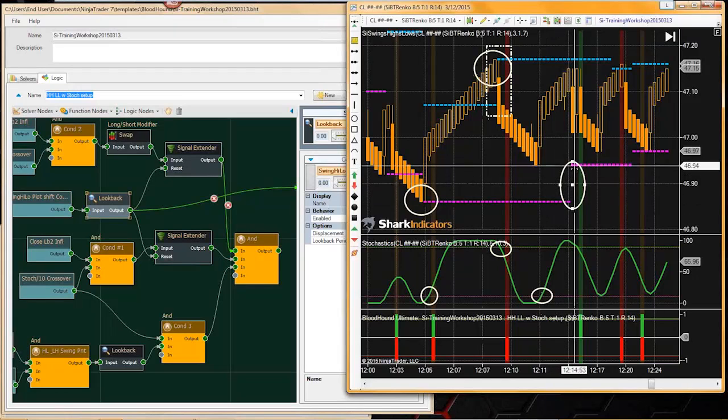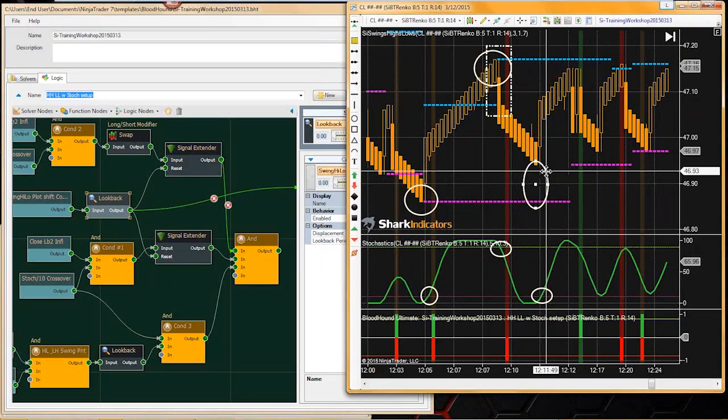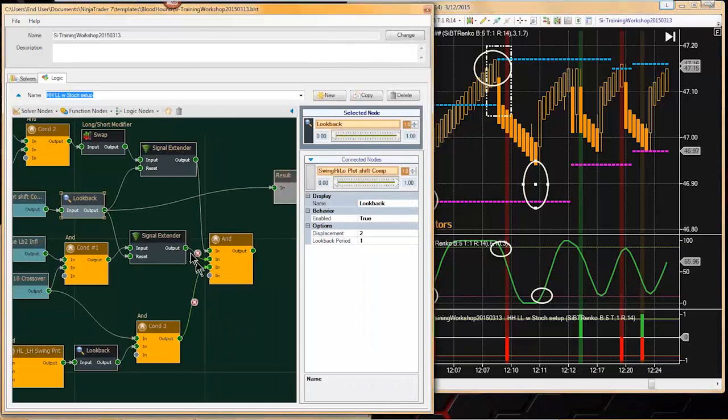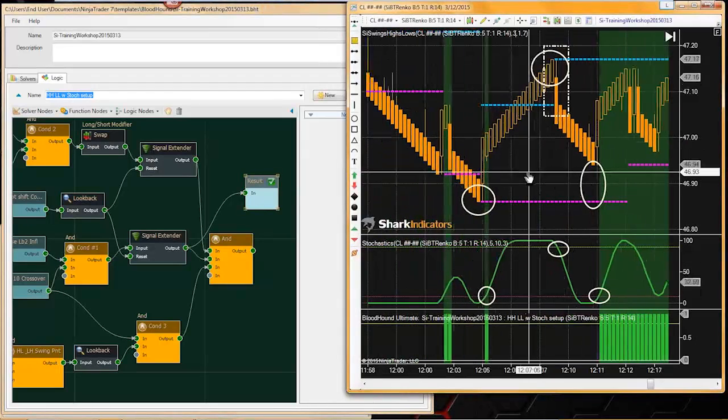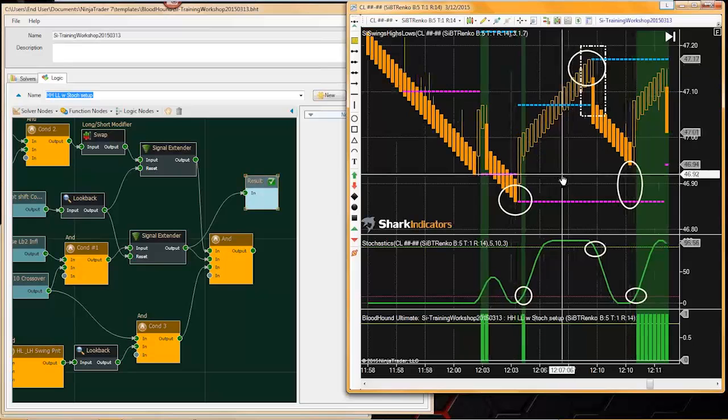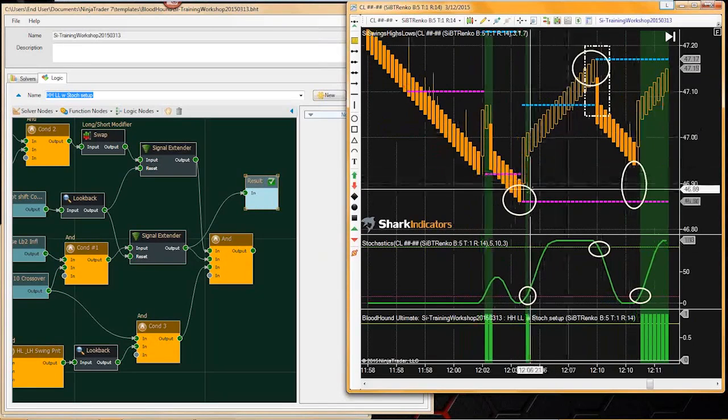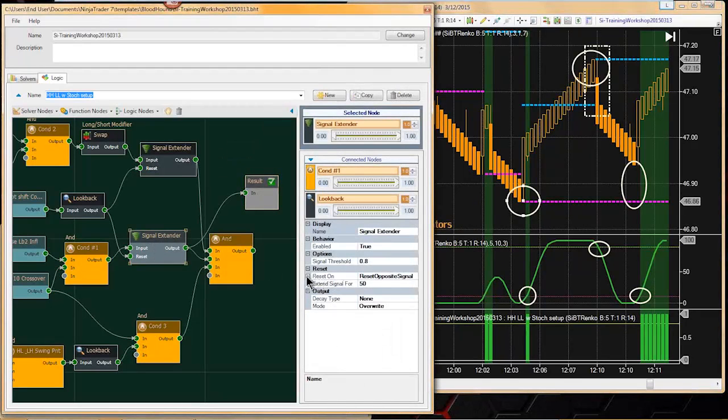When that swing low plot shifts, we'll use the long output here to reset the signal extenders instead. So what I need to do is, let me connect the signal reset up first so we can actually see this. Let's shift this forward a little bit. All right. So let's pay attention to condition 1 here, and let's take a look at the resets.